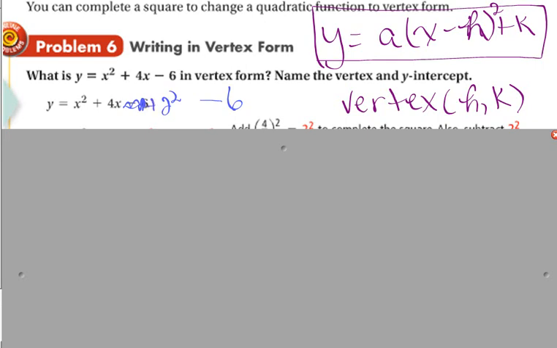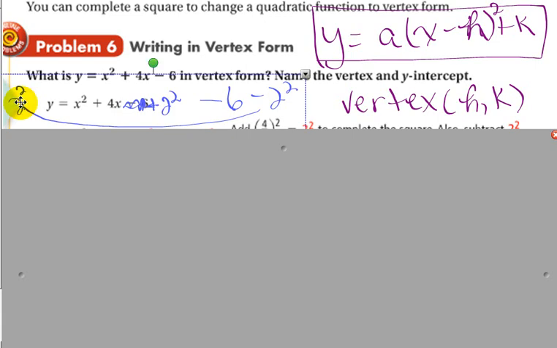So if I've just added 2 squared, the normal thing to do would have been to add a 2 squared to that side, right? But I told you we're keeping everything on the right-hand side. So how could we account for that? How would we move it back over here? Subtract it.